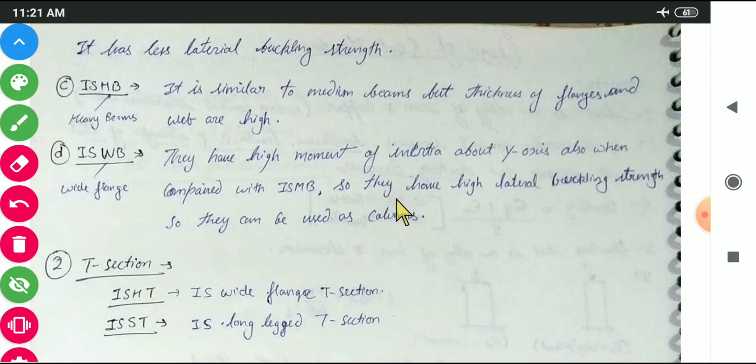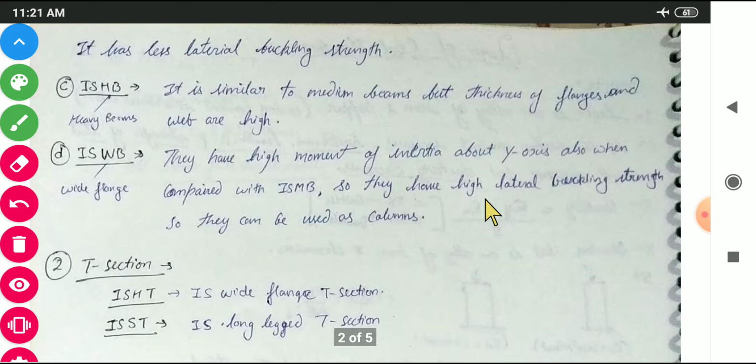In ISMB there was a low moment of inertia in the y-axis, but here we have high moment of inertia in the y-axis also. So they have high lateral buckling strength and can be used as columns.